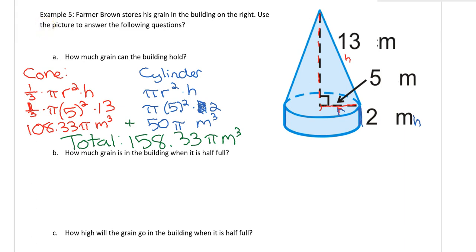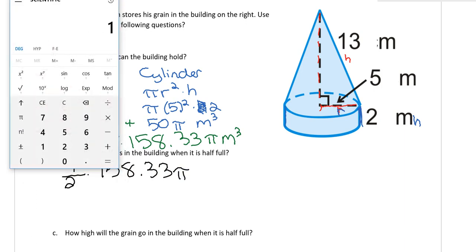Looking at our next example, how much grain is in the building when it is half full? Well, if it's half full, I'm just going to do 1/2 times 158.33 pi, right?